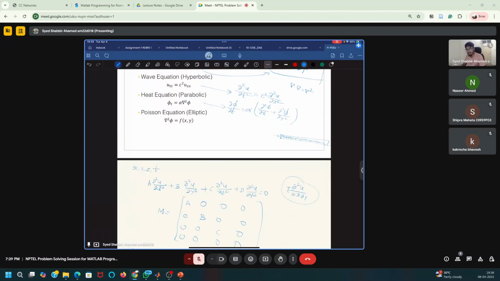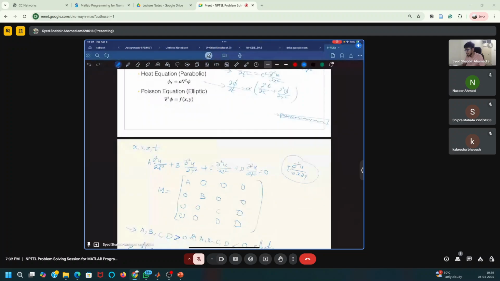You can do this for any number of independent variables. Here we have taken 4, but you can take 10 or something, and you can do this classification.